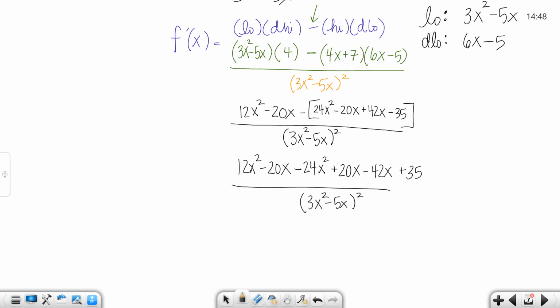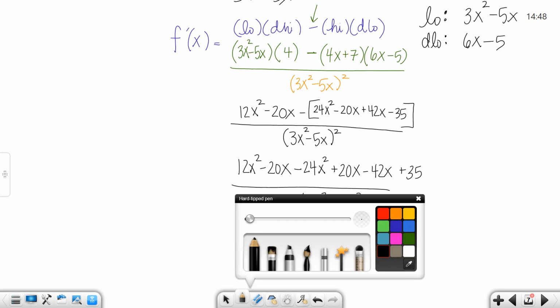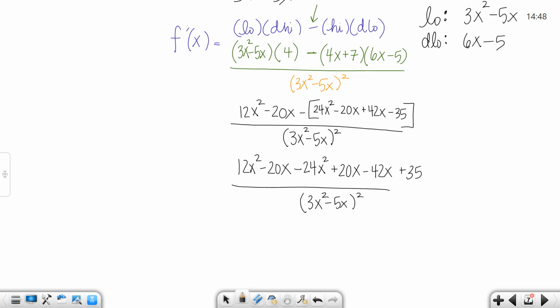Okay, looking at our like terms, I have 12 minus 24. That would give me a negative 12x squared. Looking at all the x's, I have a negative 20x and a positive 20x and a negative 42x. So negative 20x and positive 20x would cancel out. And then I have a negative 42x.